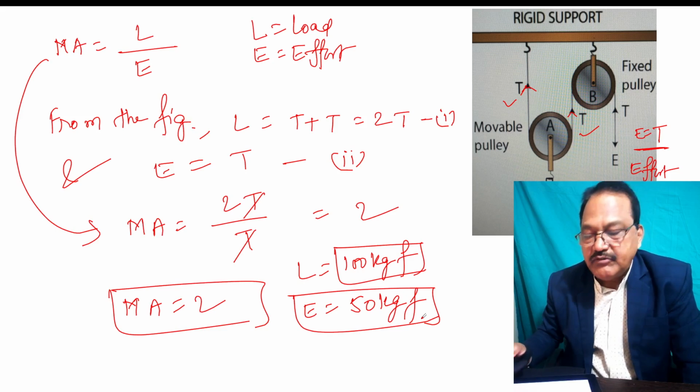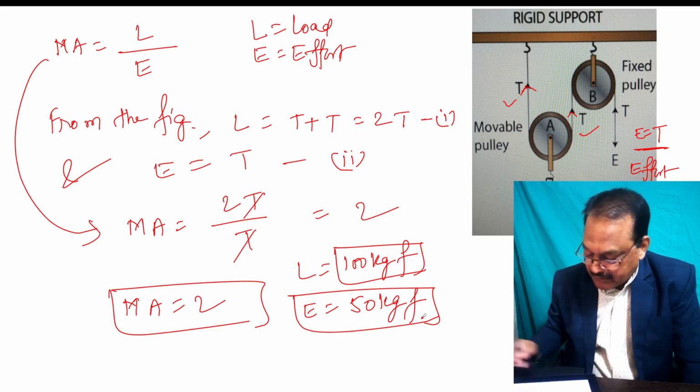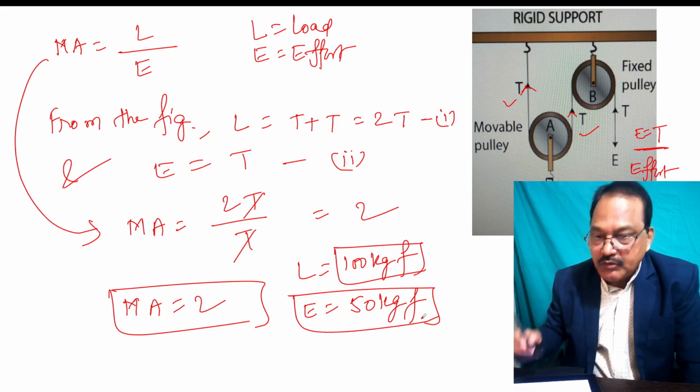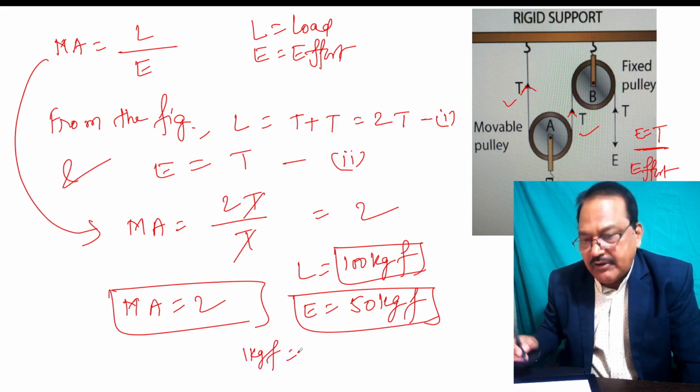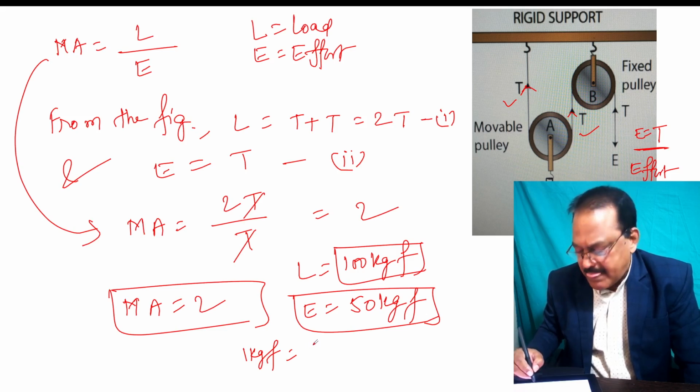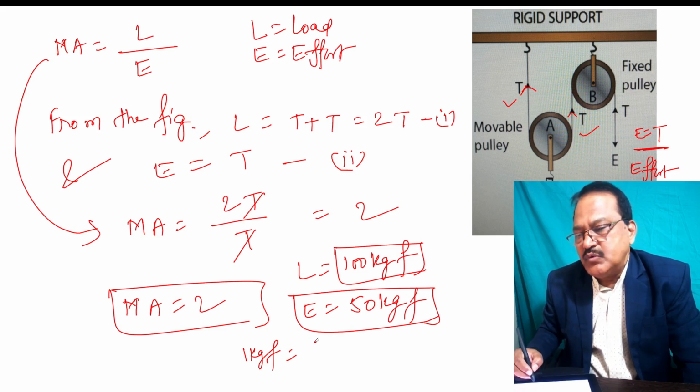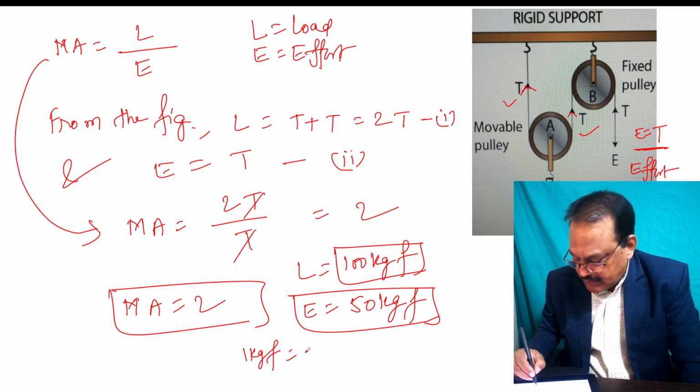In case of Newton, if you want to write it down, as we know, 1 kgf is equivalent to how much? 9.8 Newton, or approximately 10 Newton.